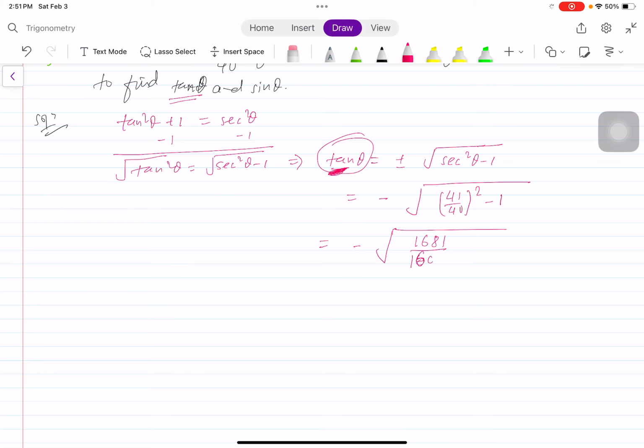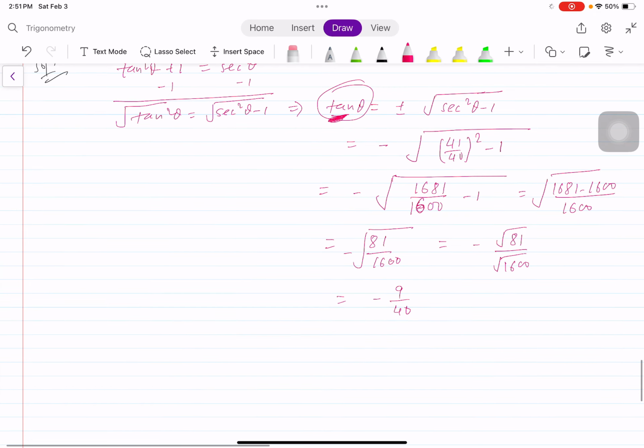Simplify this and you will get these values. 1681 over 1600, and 1 can be written as 1600 over 1600, and you get 81 over 1600 under the square root, with a negative sign at the front. If you distribute the square root, you will get negative 9 over 40. So this is how we solve for tangent of theta.